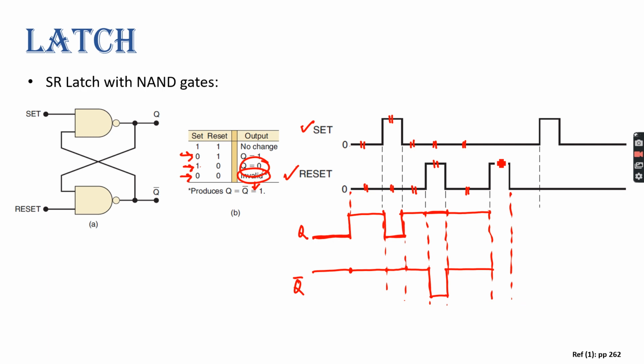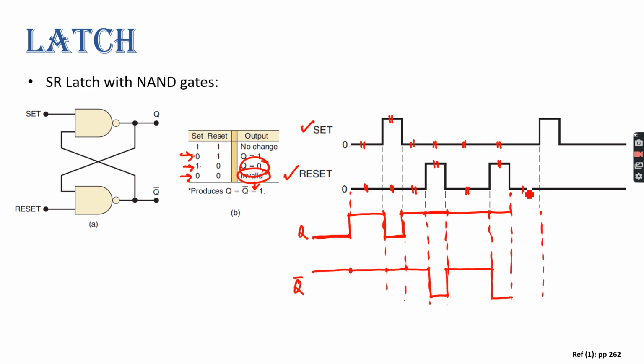Again up to this part, your S value is 0 and R value is 1. So 0 1 gives you 1, right? Yes, sir. So this will be 1, and this will go to 0.